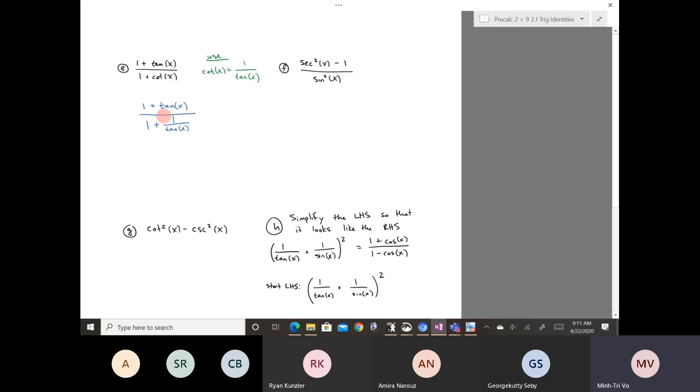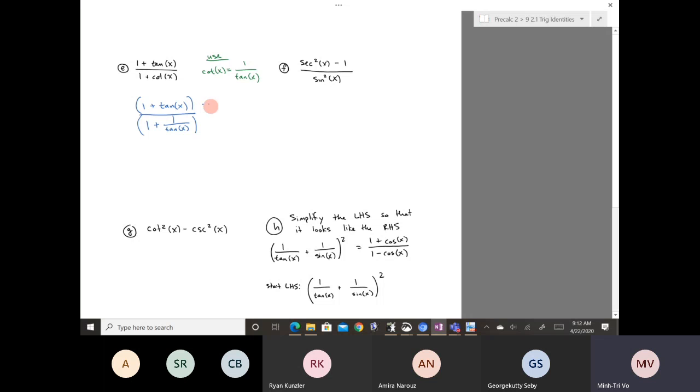So I can cancel the denominators by multiplying the top and the bottom by tangent. I have to multiply both the top and the bottom by tangent, because to keep everything equivalent, whatever you do to the numerator, you also have to do to the denominator.